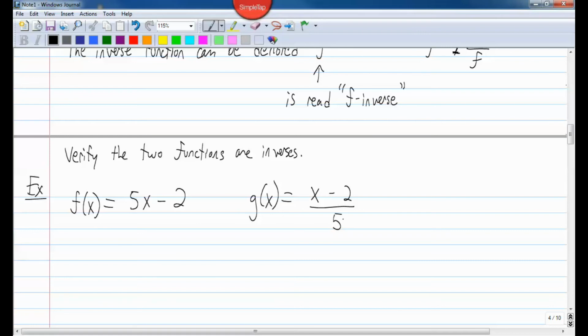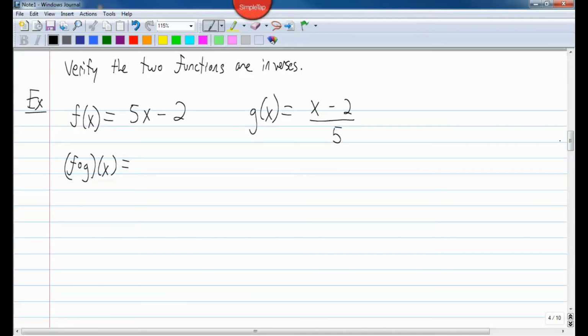The way that we verify that those two functions are inverses of each other is by finding f of g of x and g of f of x.